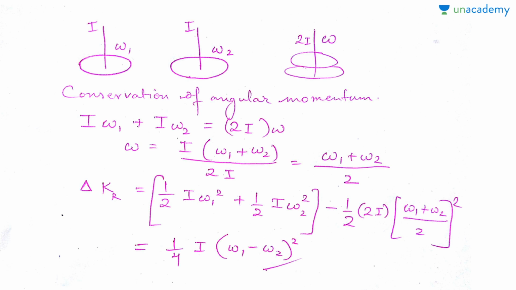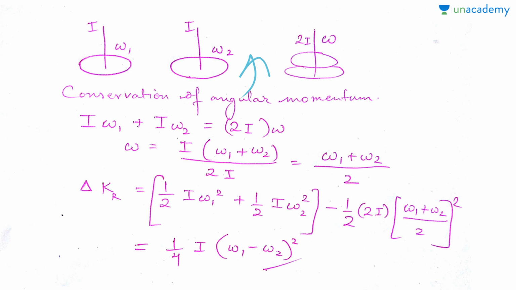The situation is like this. These are the two disks rotating about their own axis. Both are identical, so both have a similar moment of inertia, that is I. This one is rotating with omega 1 speed, and this one with omega 2 angular velocity.